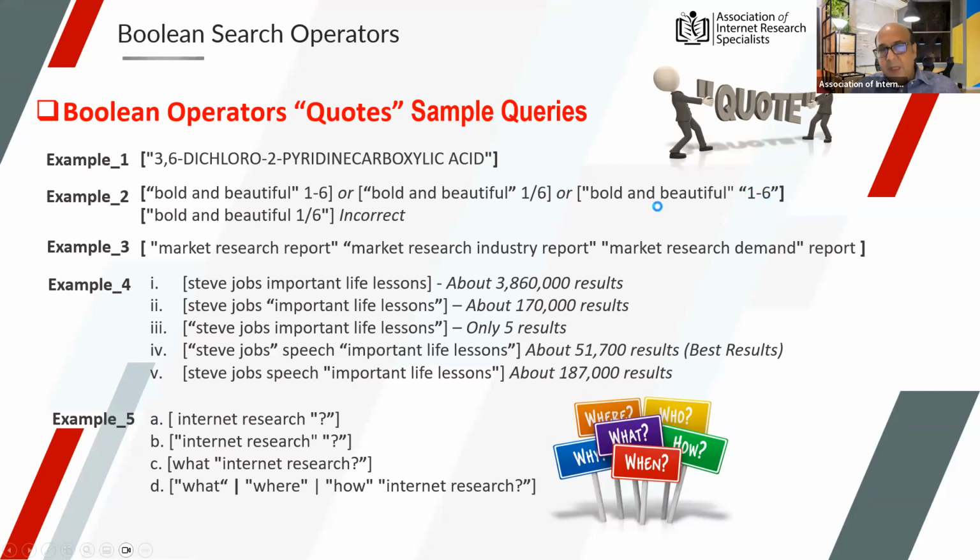But in the example, the third one where I'm pointing to, you could see that it is segmented as two search terms, both within quotations. So Bold and Beautiful, I put within quotes, 1-6, I put within quotes. So to force it, because what could be the possibility if 1/6 is not recognized, or 1-6 is not recognized?